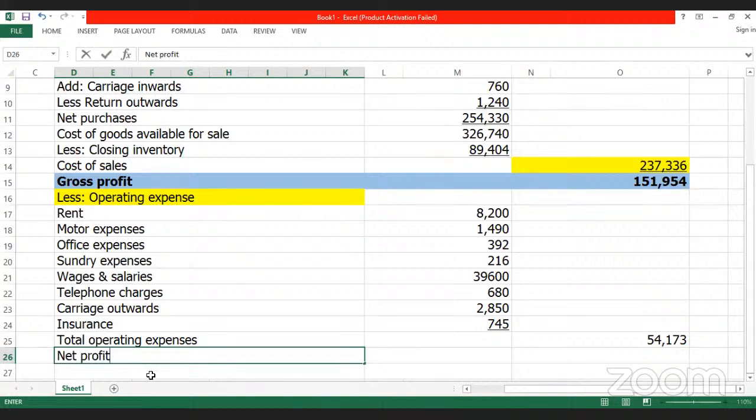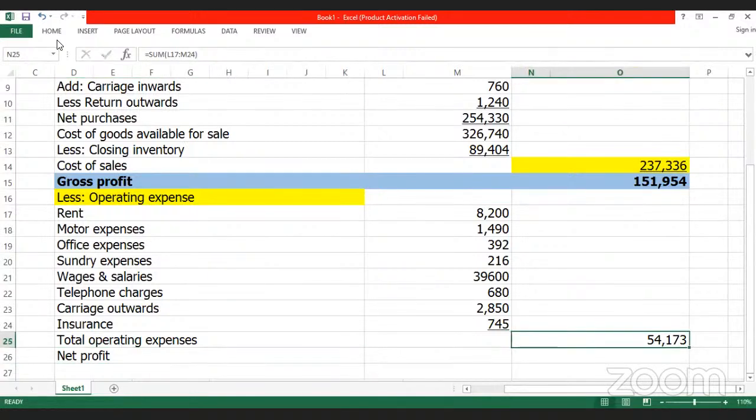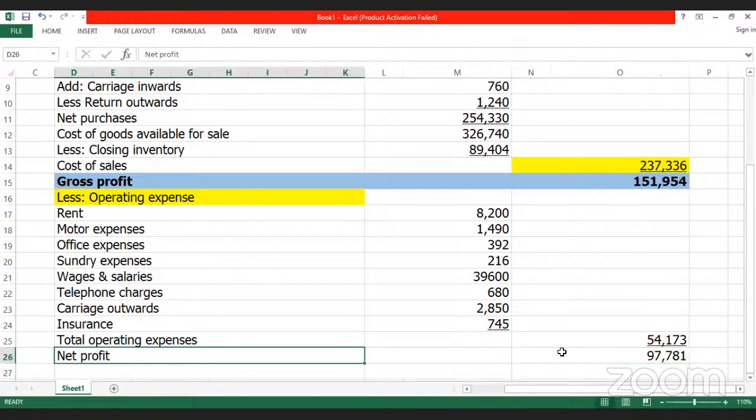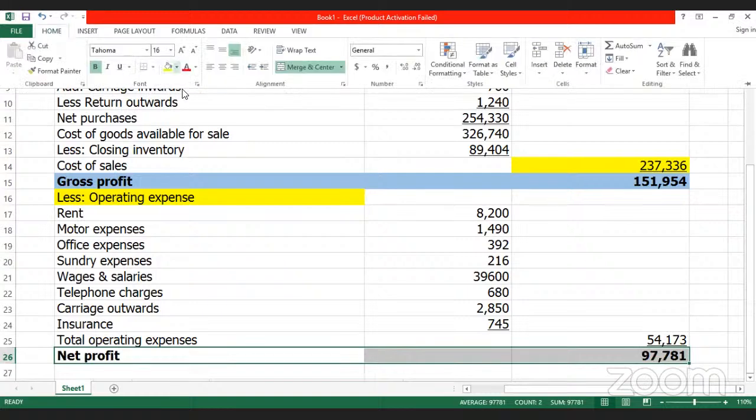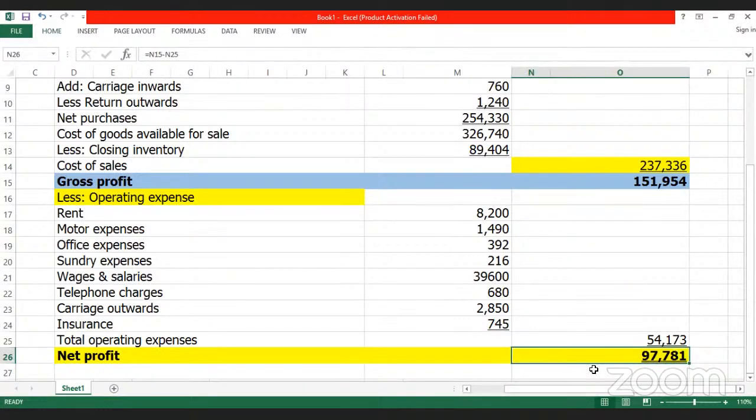How much is our net profit now? $97,781. Okay, so that is our net profit, members, and that is the income statement, or you can call it the statement of profit and loss.